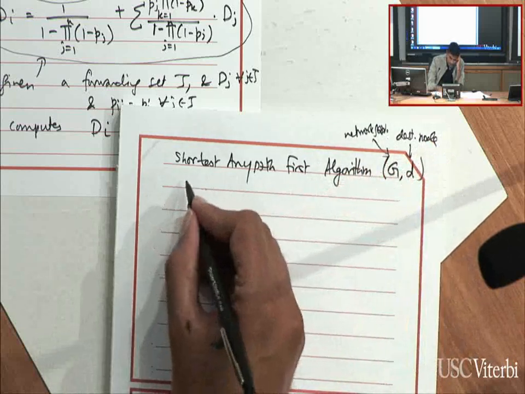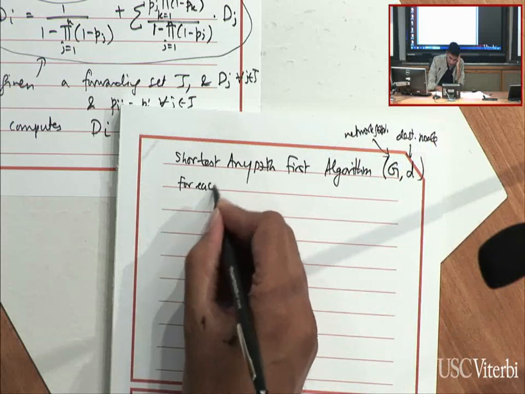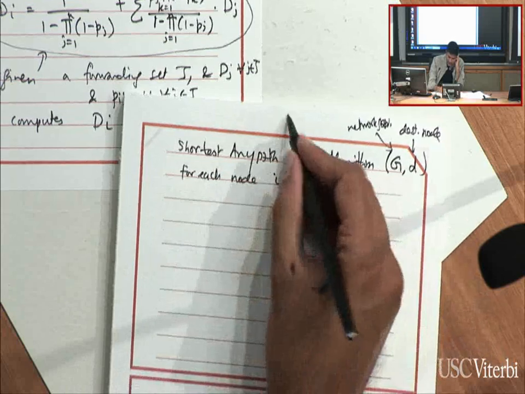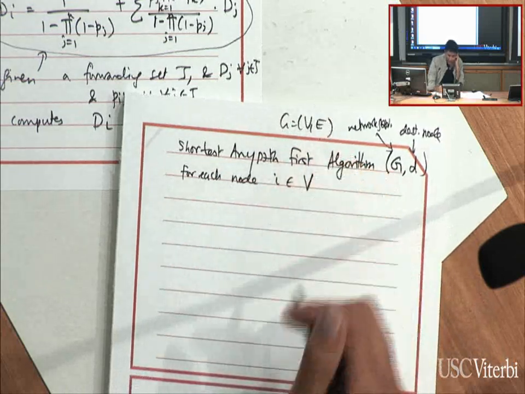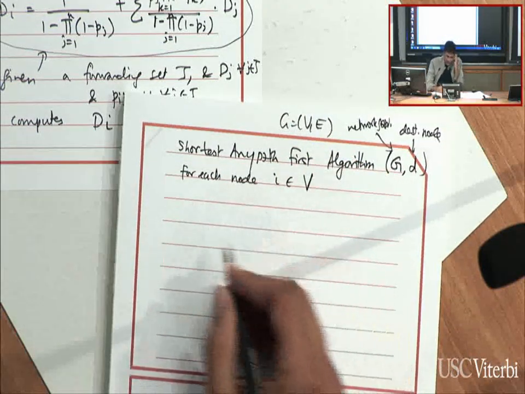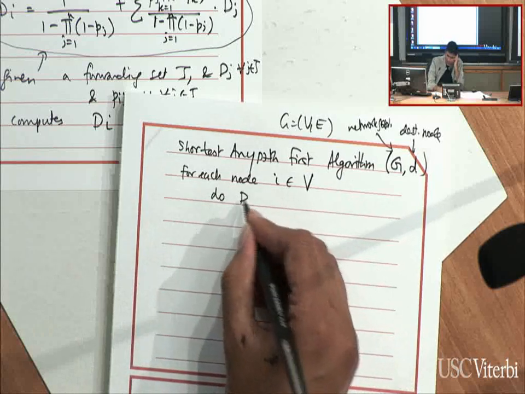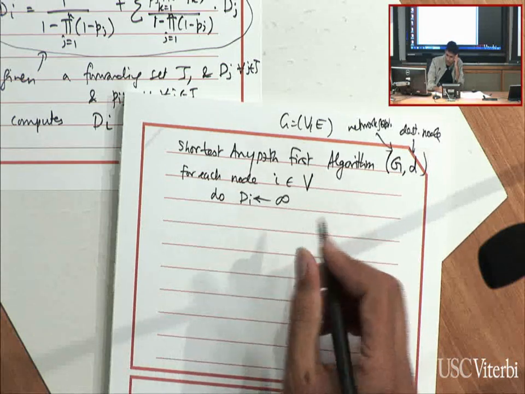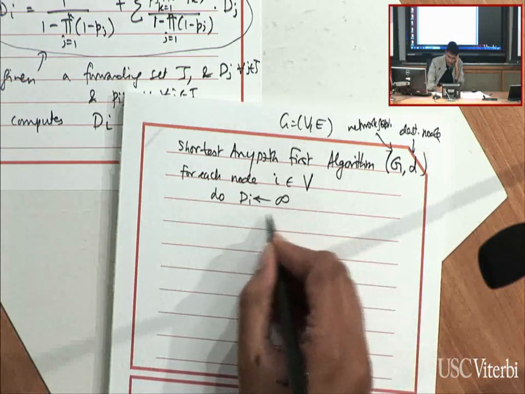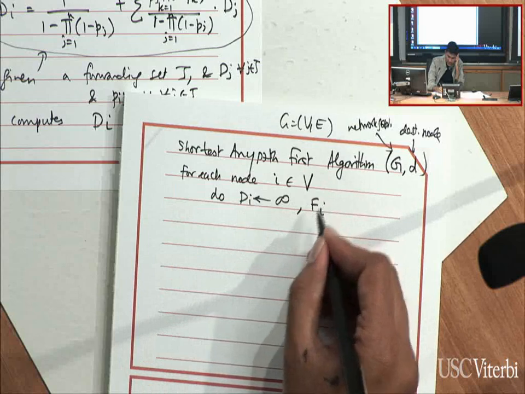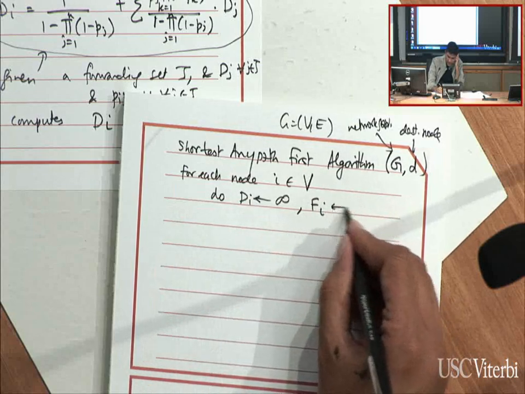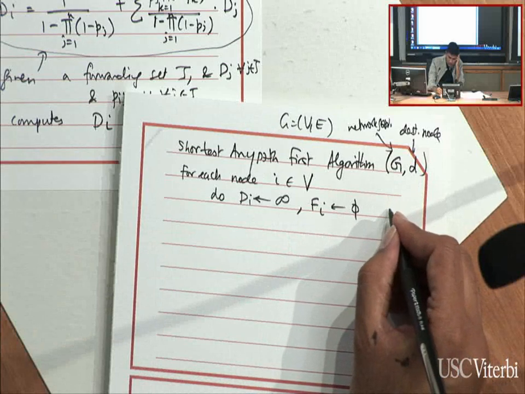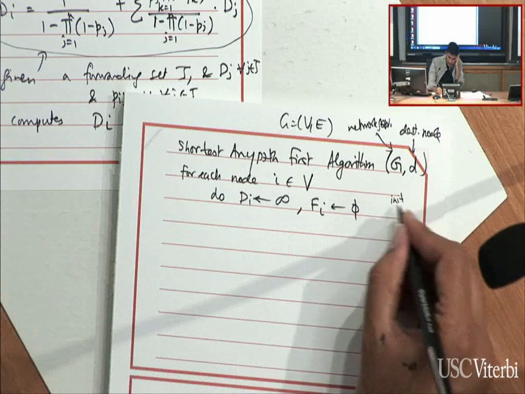Okay. So it goes for each node i in the vertex set, where G equals some set of vertices and edges. So for each node in V, the initialization is you set initially the distance to be infinity, and you initialize the forwarding set for each node initially to be the empty set. So this is basically the initialization.